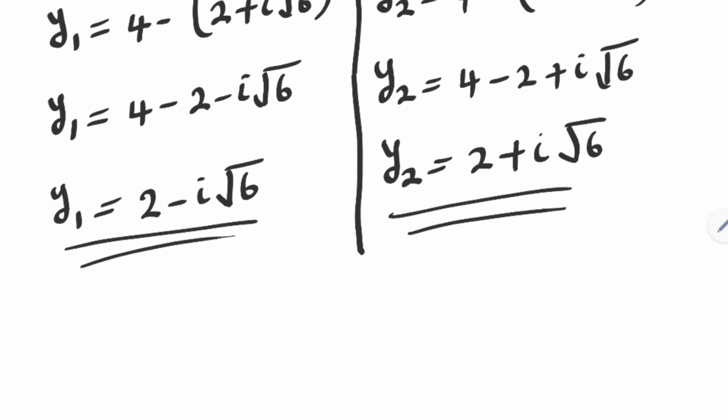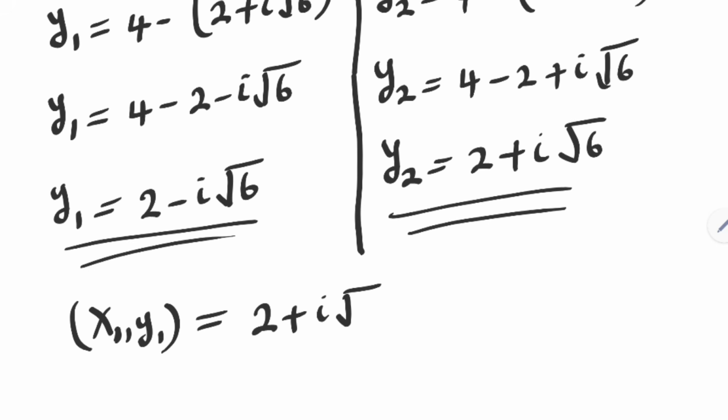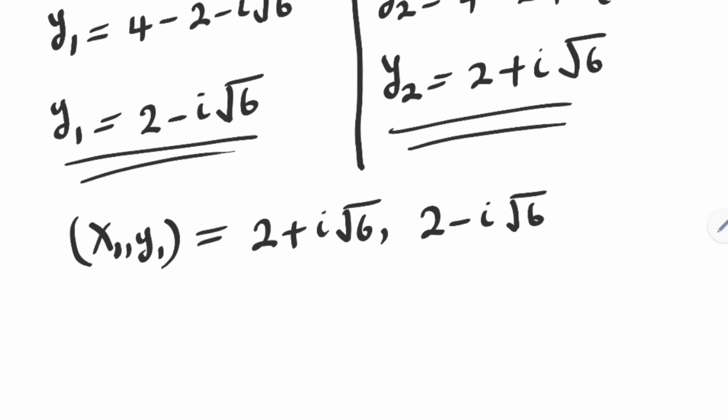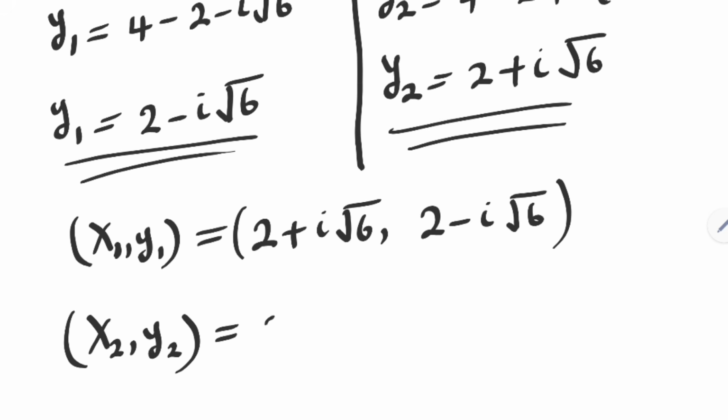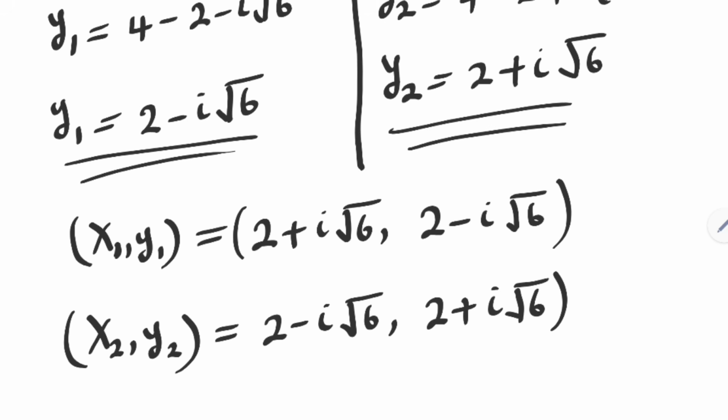Our final answer are x1, y1 is equal to 2 plus i root 6, 2 minus i root 6. x2, y2 is equal to 2 minus i root 6, 2 plus i root 6.